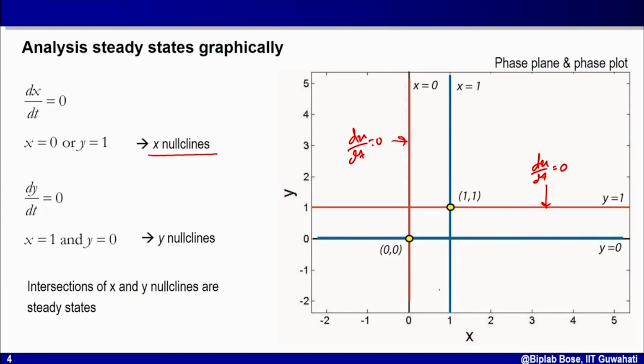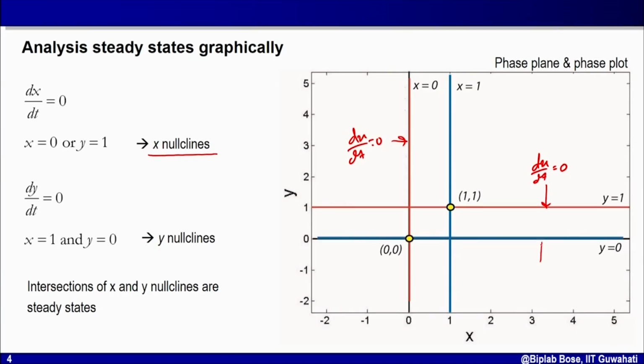Whereas for the blue lines, we have got them using dy/dt equal to 0. That means y is not changing with time. So for this blue line, dy/dt is equal to 0, and for this blue line also, dy/dt is equal to 0. So I have two y null lines.